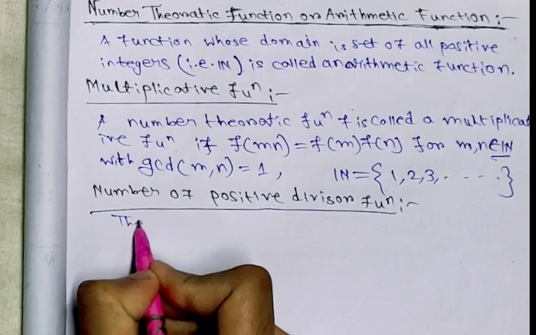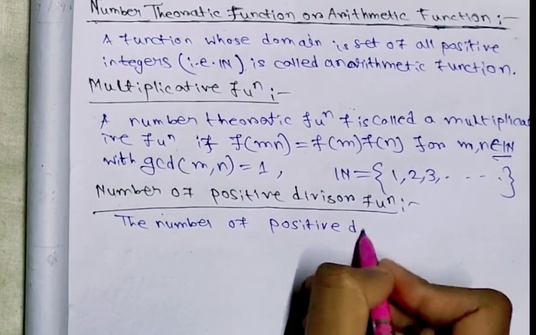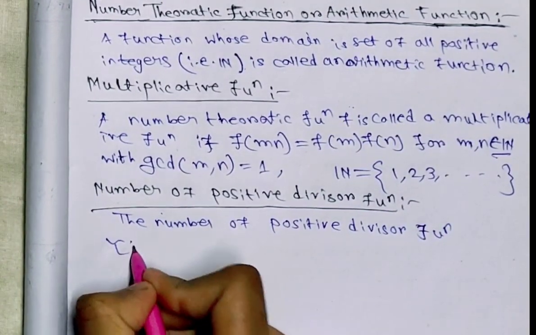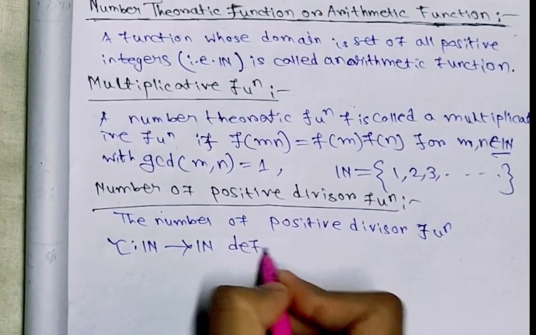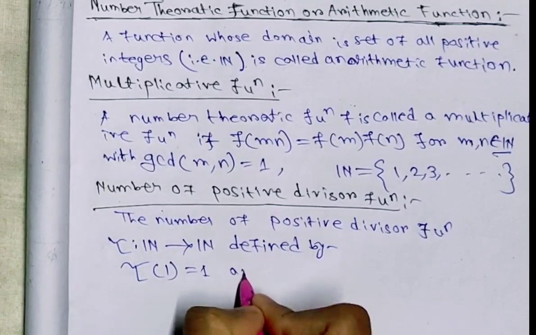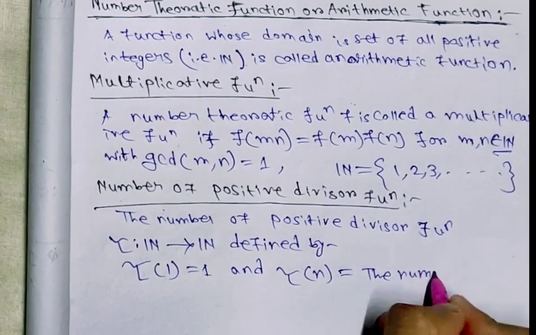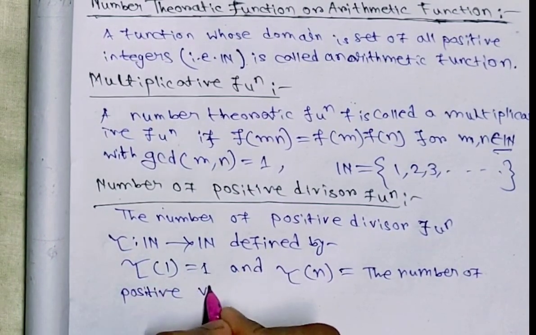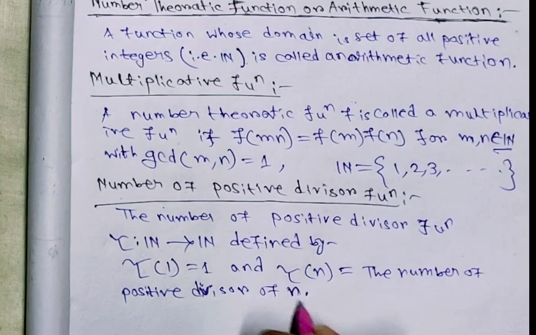Definition: the number of positive divisor function tau from natural numbers to natural numbers, also known as the tau function, is defined by tau of 1 equals 1 and tau of n equals the number of positive divisors of n, जहां पर n एक नेचुरल नंबर है.